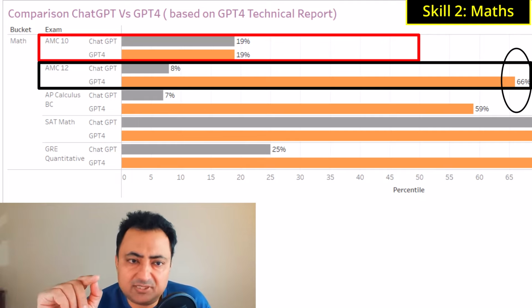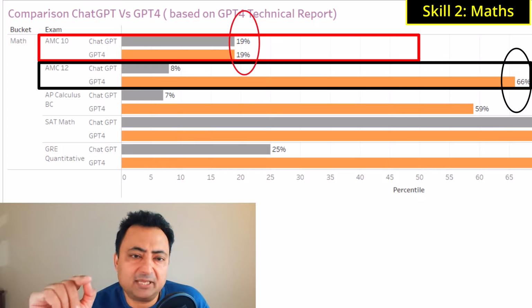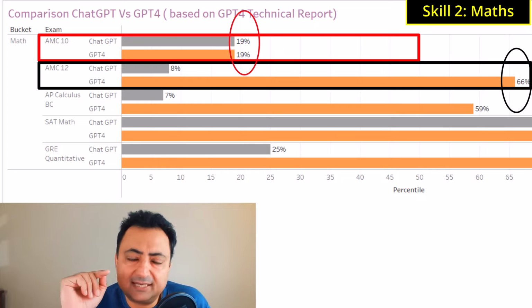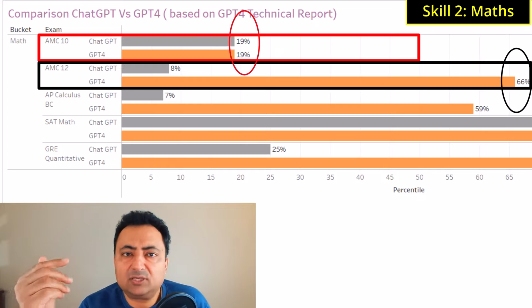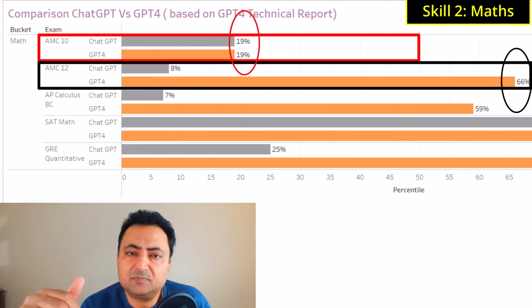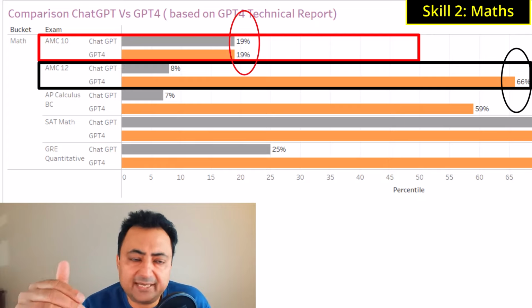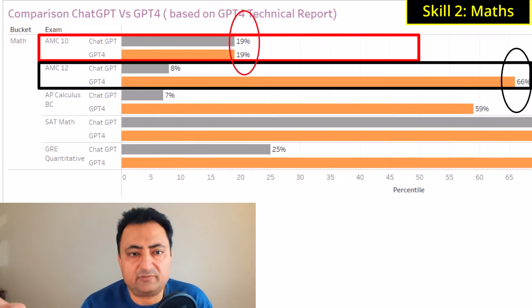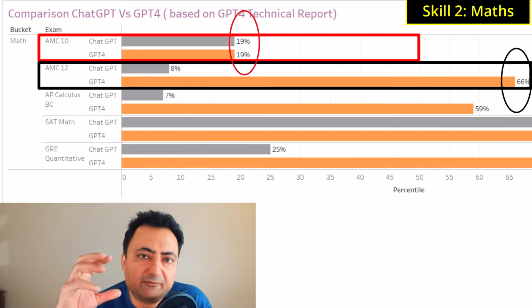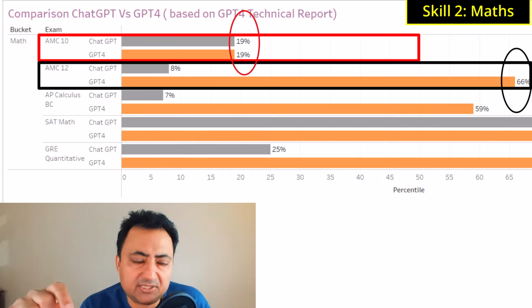But if you look at AMC 10, the performance is exactly the same at 19%, no improvement. And the important part here is that AMC 10 can be perceived as an easier exam than AMC 12, because at the end of the day, AMC 10 is given by students in 10th grade, AMC 12 is given by students in 12th grade. So 10th versus 12th, I would expect AMC 10 to be much easier.